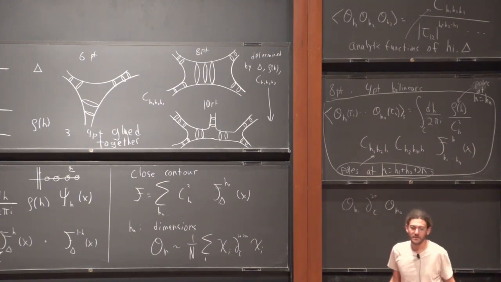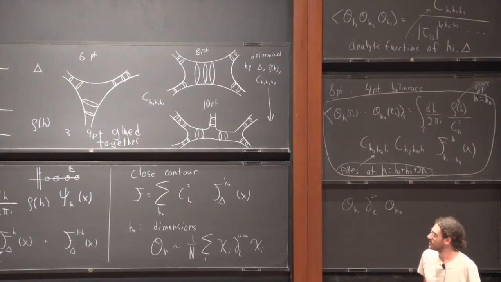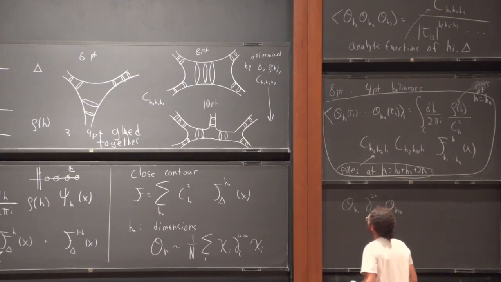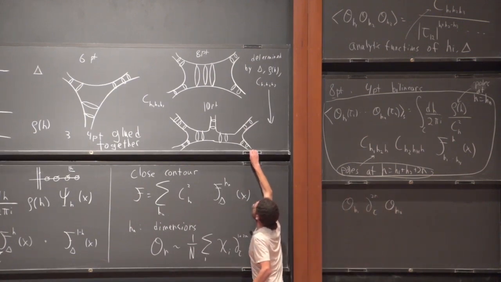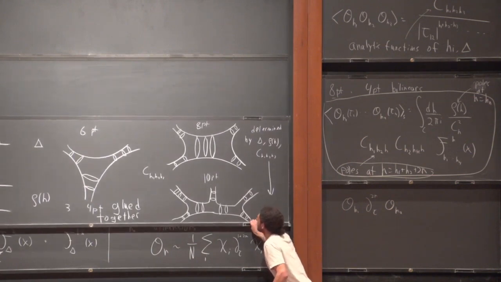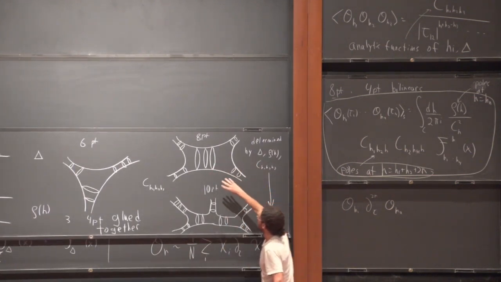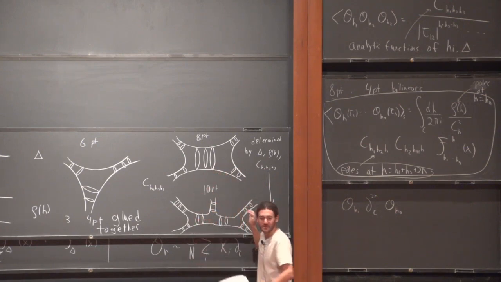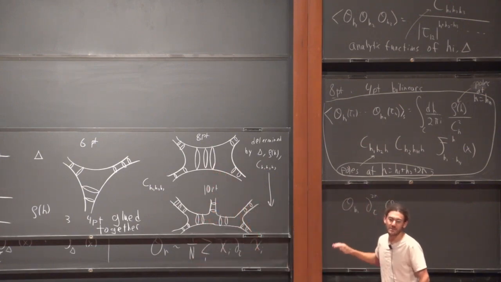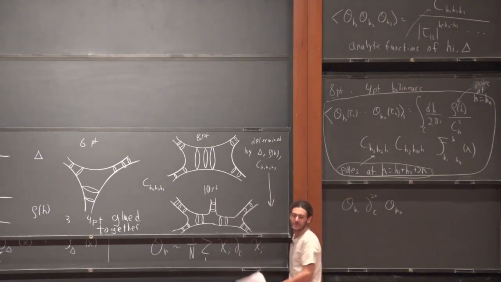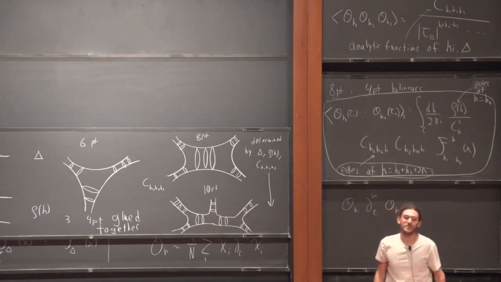Yes? For the 8-point function, you can consider vertical letters in the middle. Good. We summed those as well. So these are not all the diagrams. So for the 8-point function, there's this diagram plus two more, plus this diagram flipped in various ways. So like the S, T and U channel, and one of them, if you rotate it by 90 degrees, is the diagram you said.